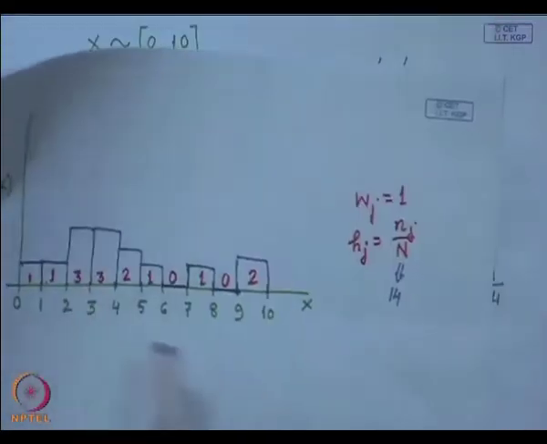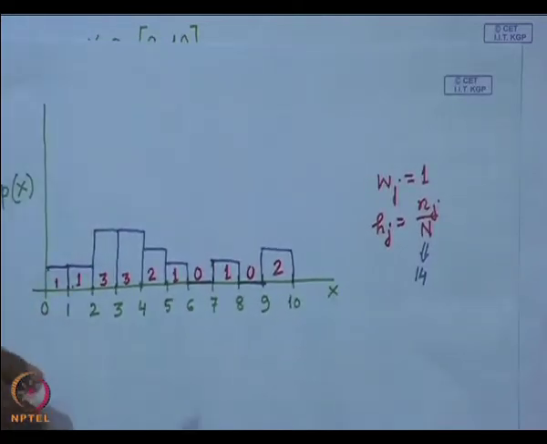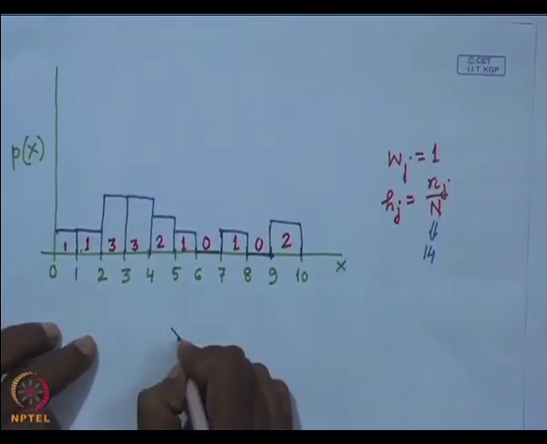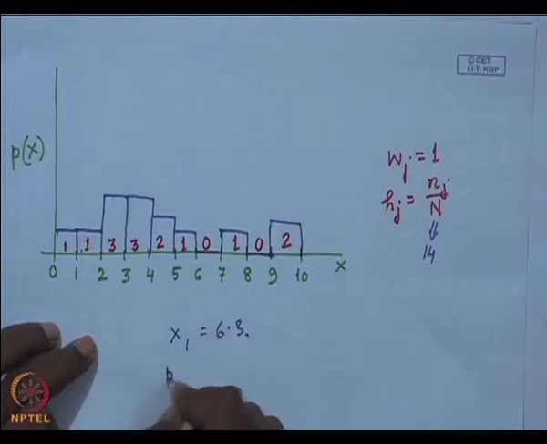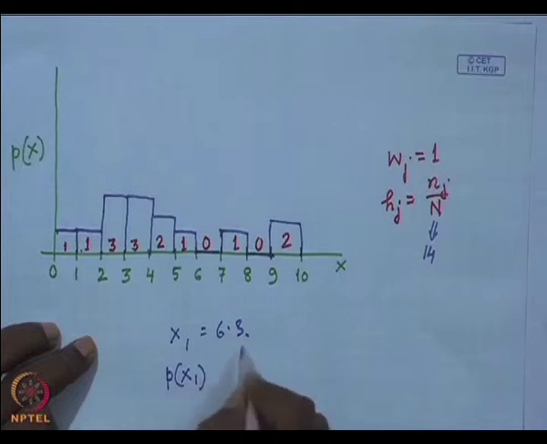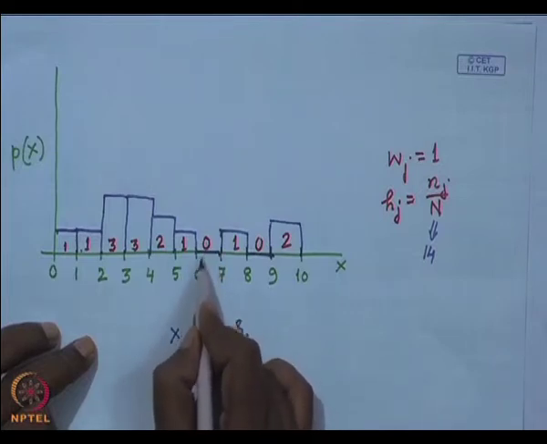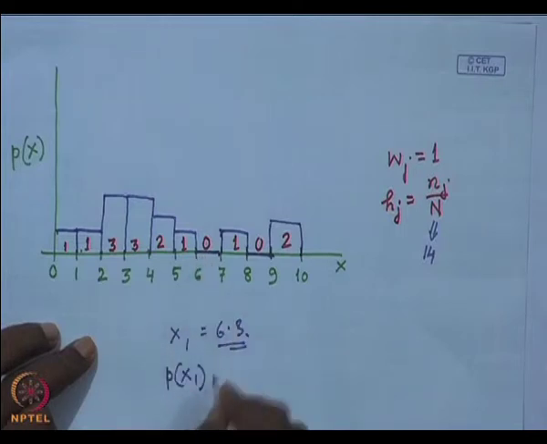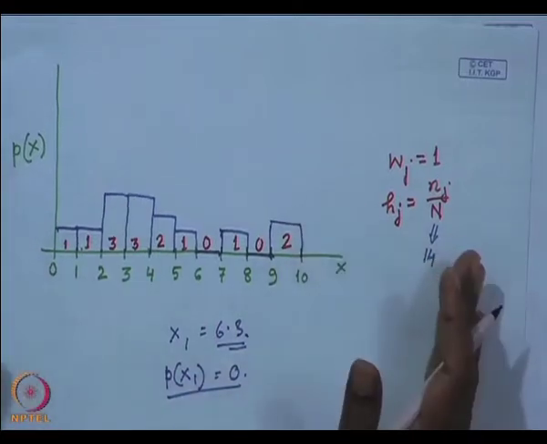If I use this, then this is overfit, right? Because if I have an unknown sample, say x 1, which is equal to 6.3, and I compute p of x 1, as 6.3 falls within this bin for which the probability density estimate was 0, p of x 1 will always be equal to 0 as per this. So, this is an overfit given the set of samples.